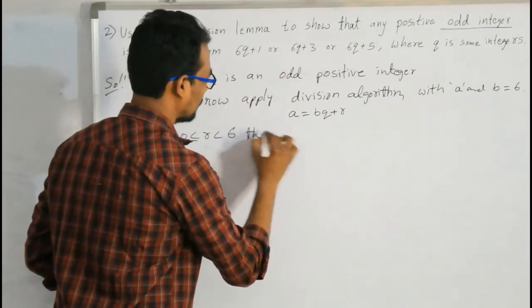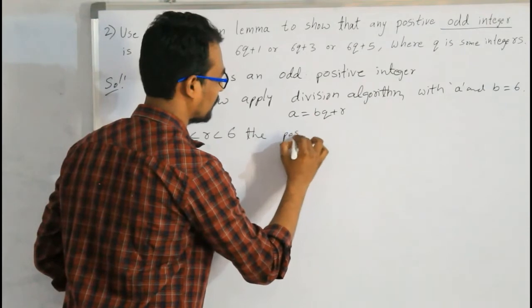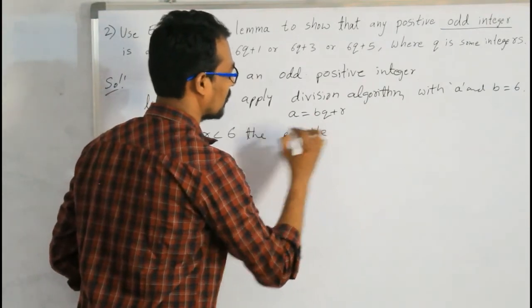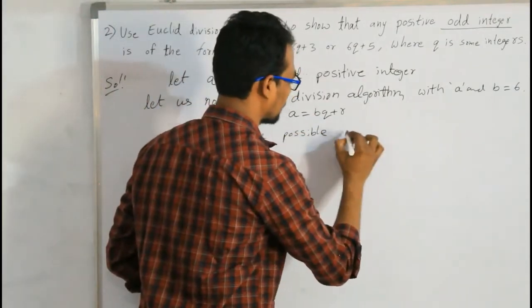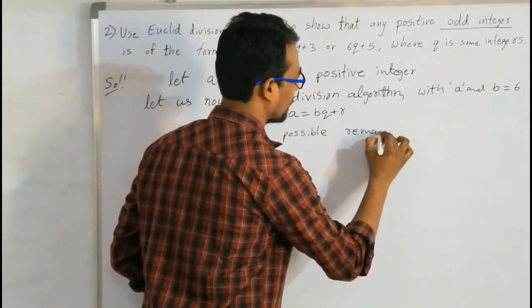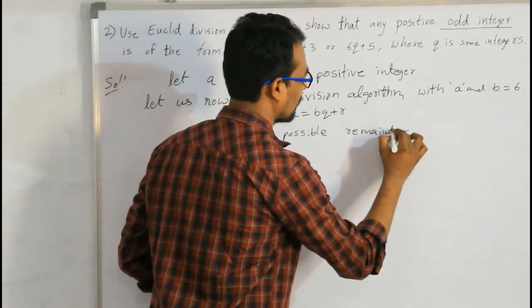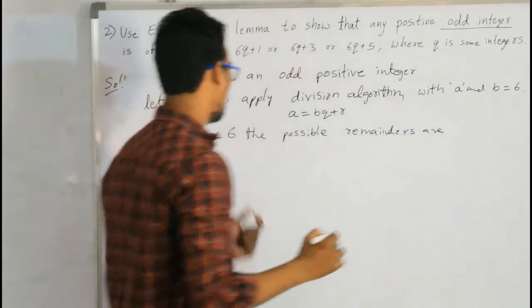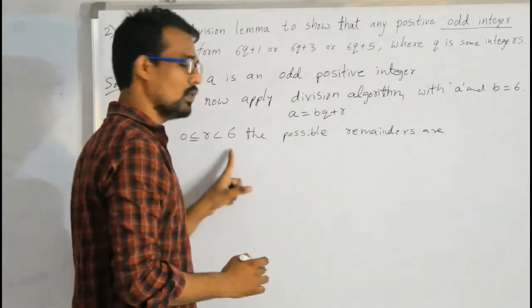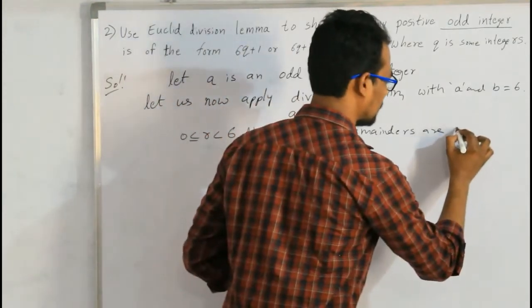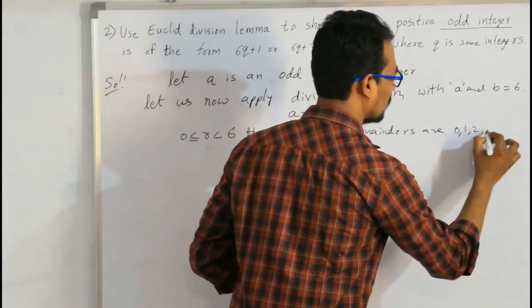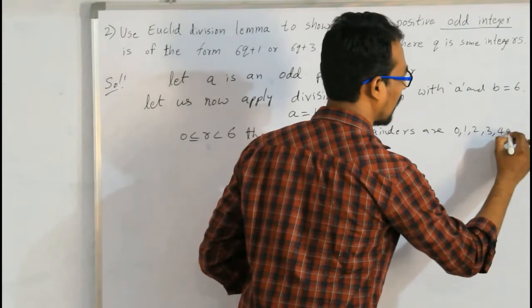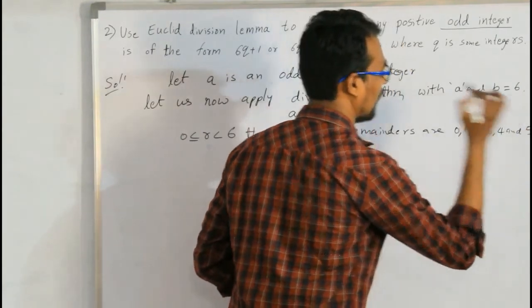So the possible remainders are 0 to less than 6, so what are they? 0, 1, 2, 3, 4 and 5.